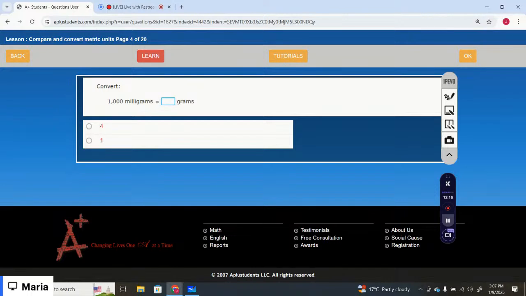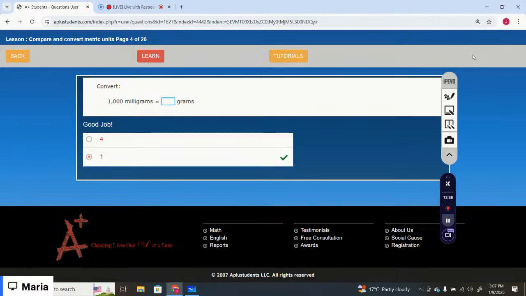1000 milligrams equal how many grams? 1000 milligrams equal 1 gram. The correct option is 1 gram.